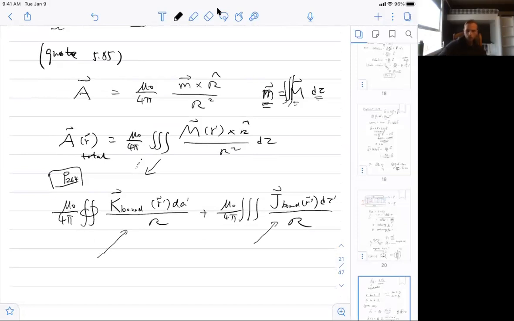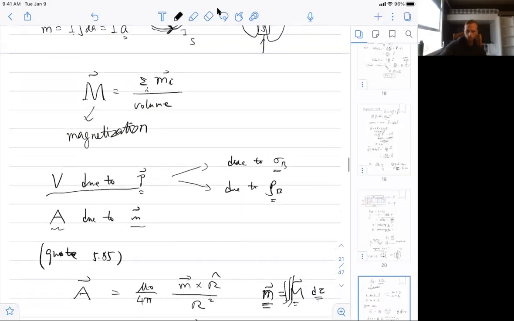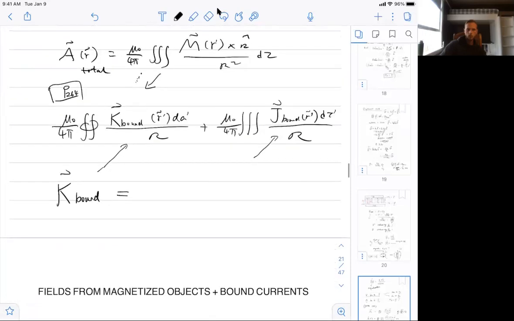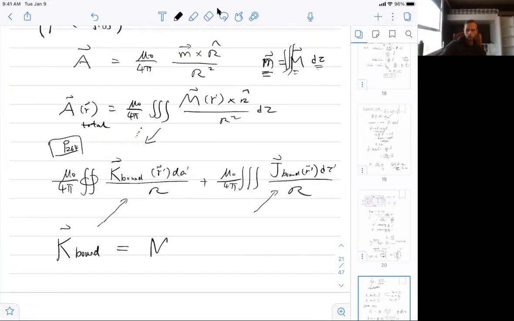And K is related to polarization. Previously, sigma bound is equal to P dot n hat, polarization, and you add the direction. Here, K bound is equal to magnetization, and you add the direction. So it's a cross product between M and n hat.